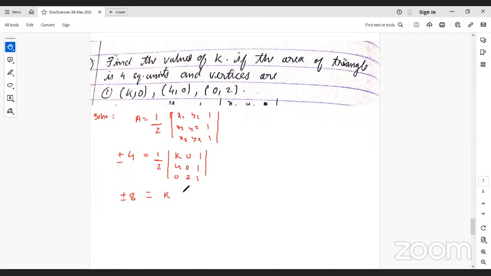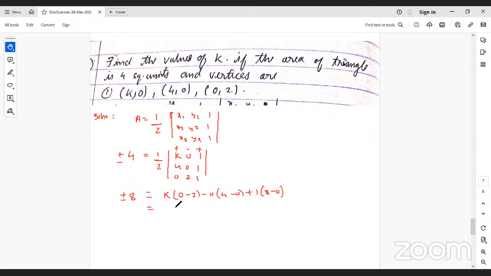Next, k into, again assign the signs for the expansion of 3 cross 3 determinant. So it will be k into 0 into 1 is 0, 2 into minus 1 will be minus 2, minus 0 into 4 into 1 is 4, minus 0, plus 1 into 4 times 2 is 8 and minus 0.